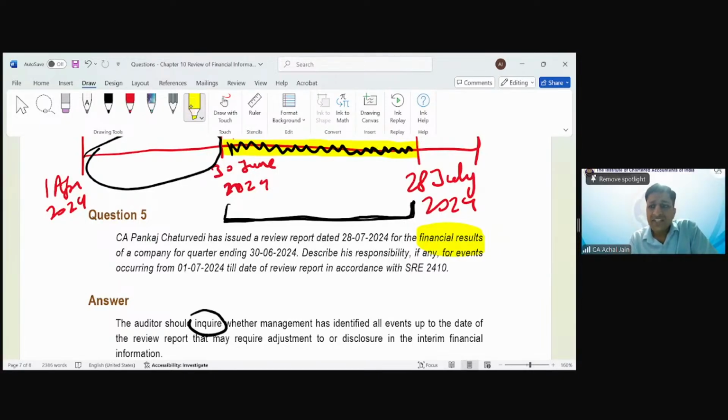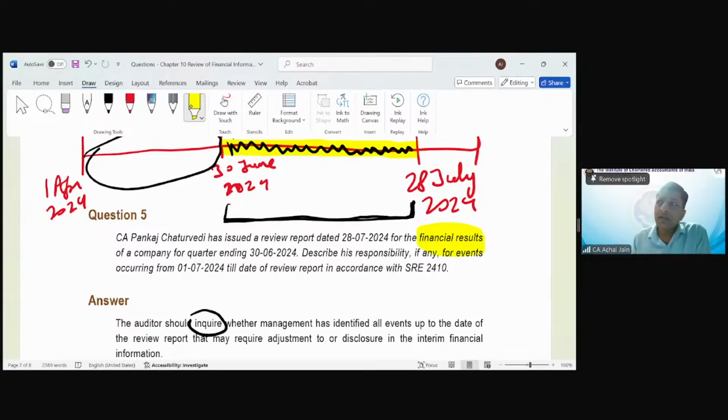Ravi, you have a query? Sir, here SA 560 is applicable. No, see, SA 560 is about audit and we are looking at review. So which standard will you check? You will check SRE 2410.